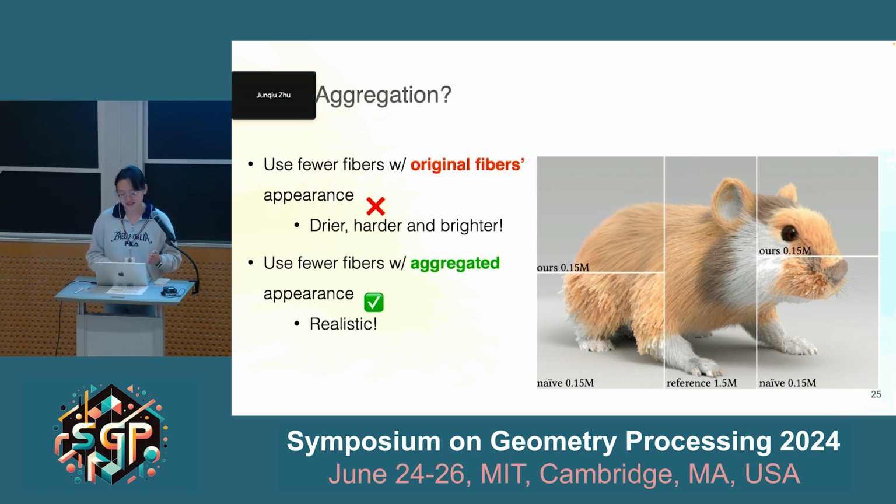As illustrated, the rendered appearance is almost completely different from the original. But with appearance aggregation, the simplified fiber geometry can match the ground truth. Appearance aggregation means summarizing the intricate details of the appearance into a simplified representation.